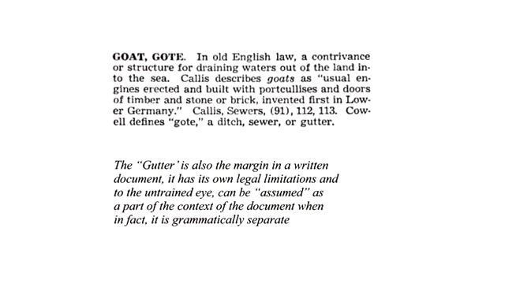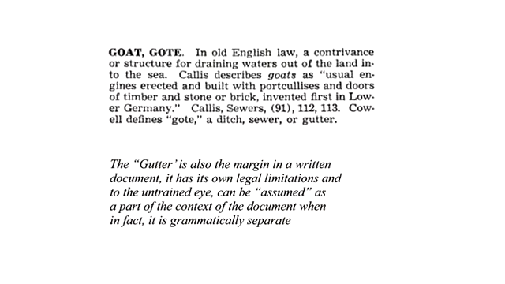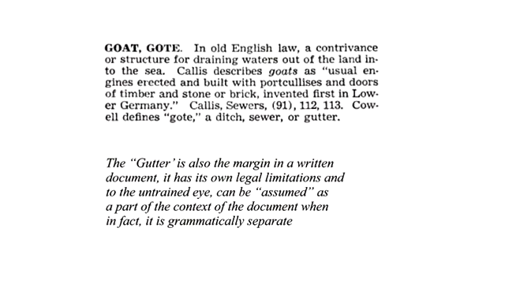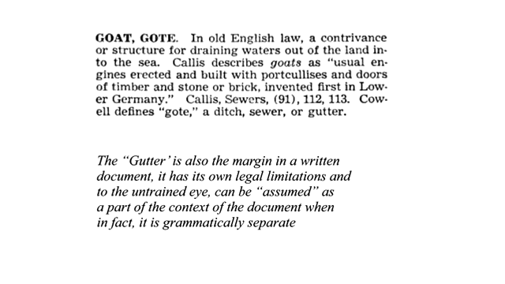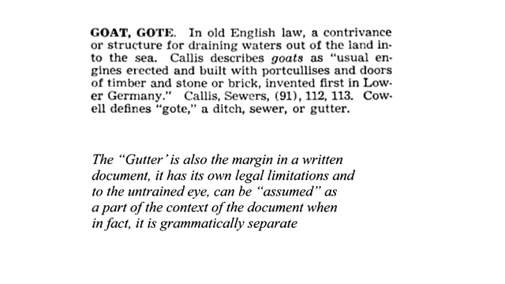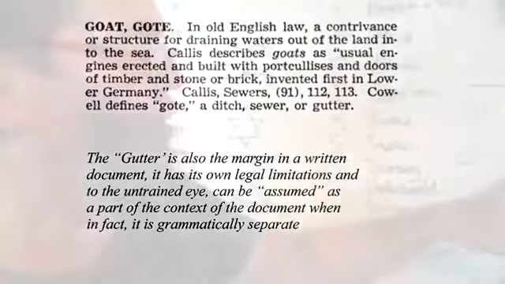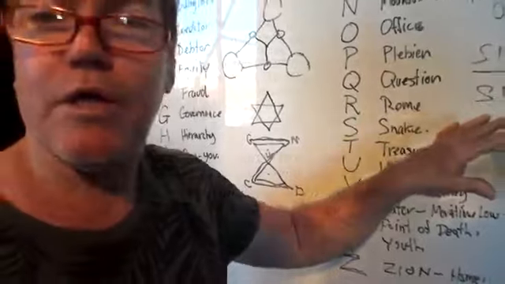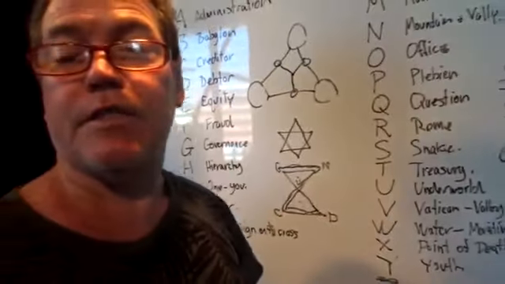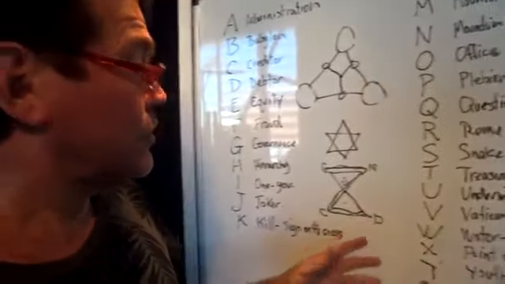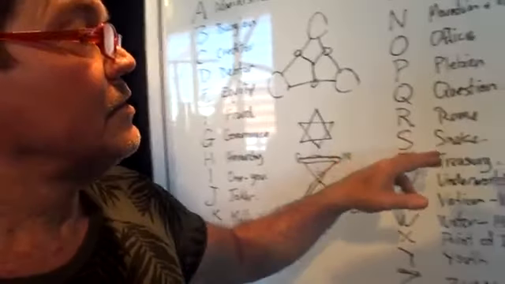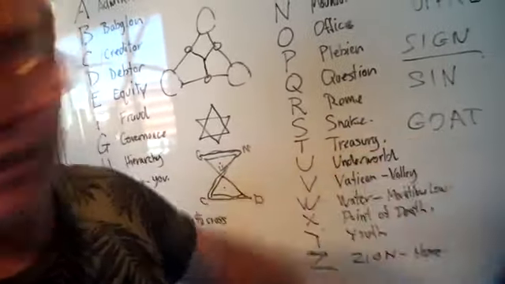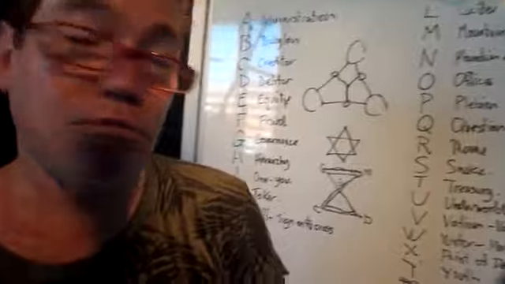The goat is the sewer, the underworld, the trust or treasury that is with the administration of the office of governance. It's the office of the underworld, or it's with governance. It's with an office, which is this office of governance, and the underworld or the sewer, which is also what goat means, is sewer. We'll write that too.